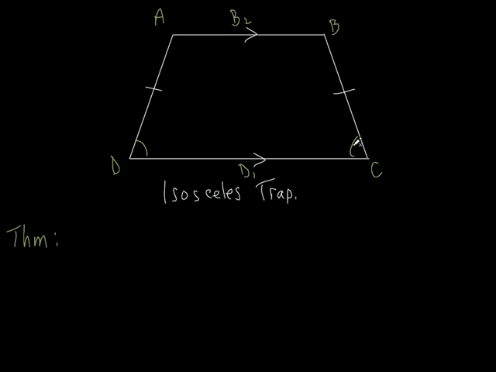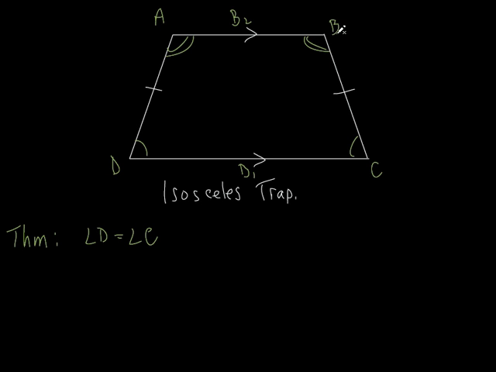If it's isosceles, what's true about those base angles? They're equal to each other. That's what this theorem says. So angle D is equal to angle C. Everybody got that? What else do you think might be true about this? Do you have any other base angles? Yeah, we got another base up here, don't we? So look at angle A. It attaches to this base B2, and this angle right here attaches. My arcs aren't looking too good today.